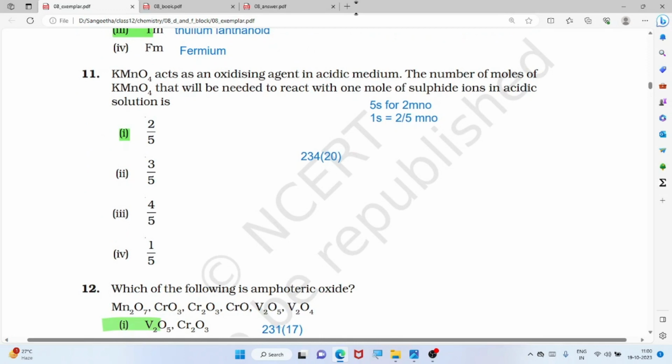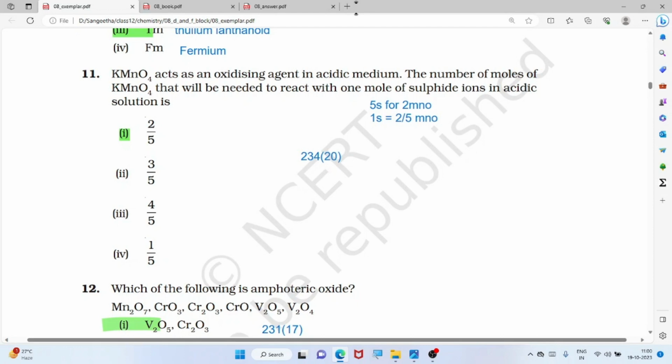KMnO4 in acidic medium: the number of moles of KMnO4 that will be required to react with 1 mole of sulfide ion, okay. They are asking the number of moles of KMnO4 required to react with 1 mole of the sulfide ion. There are 5 sulfide for 2 moles.